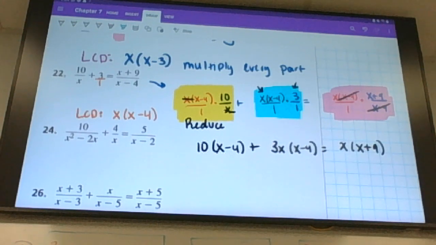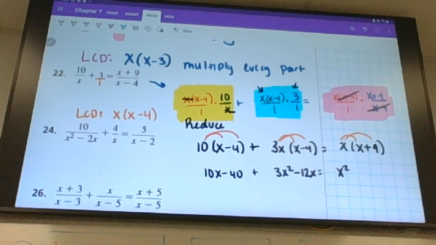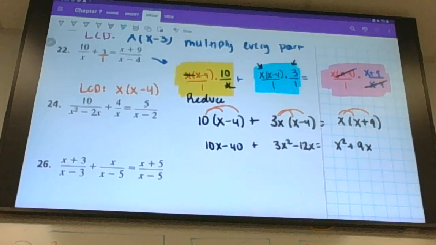From there, you're supposed to distribute, bring everything to one side. Here's all that distribution. Because it's x squared, I want it set equal to 0.